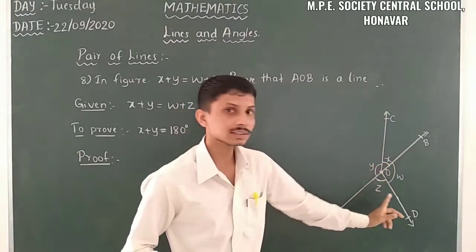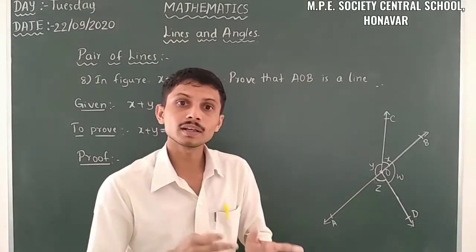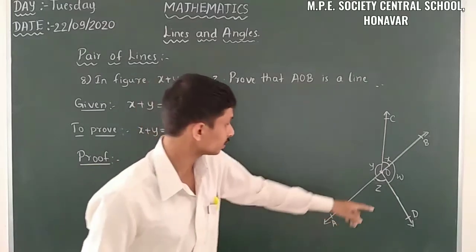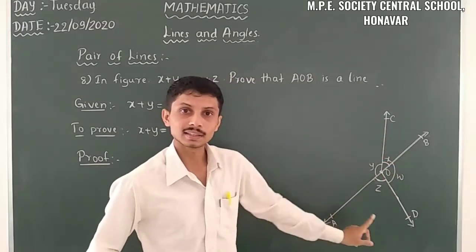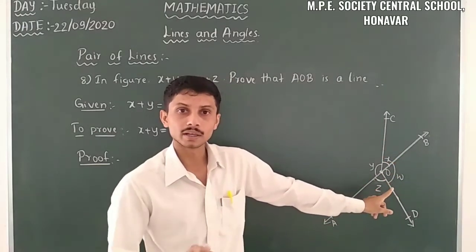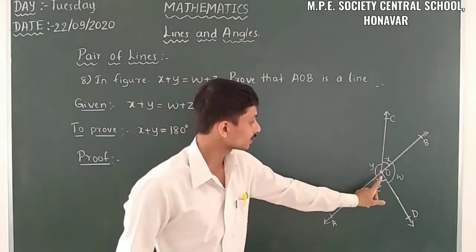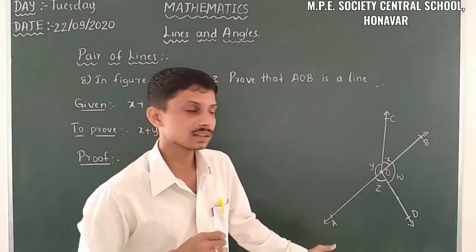That means the angles around a point. The angle formed around a point is 360 degrees. We have taken this as a complete 360 degree angle around a point.